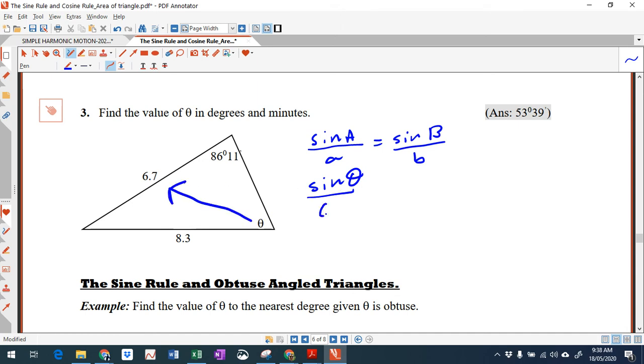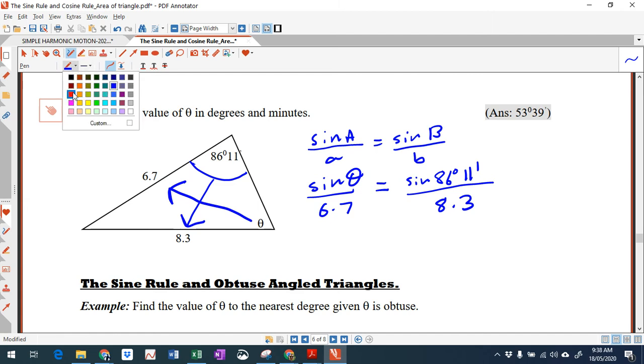So I put 6.7 here, equals sine B, here's my other angle, so sine 86 degrees 11 minutes, divided by the side opposite that, which is 8.3.